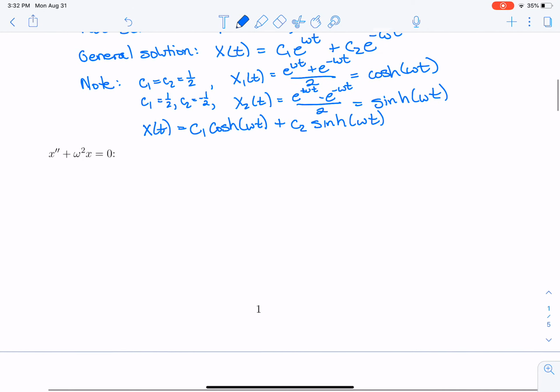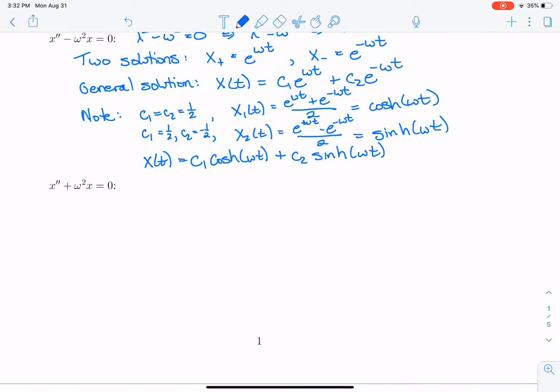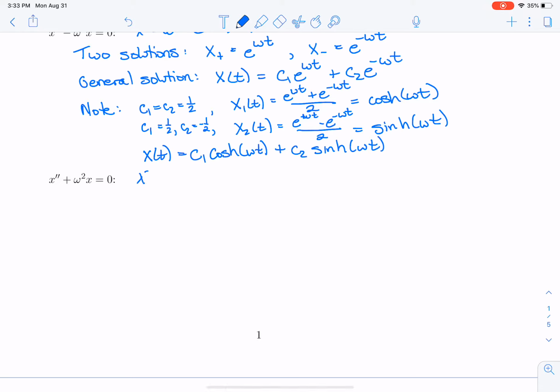Let's look at case two. That's where x double prime plus omega squared x is equal to 0. So here we have that lambda squared plus omega squared is equal to 0. That's saying that lambda squared is equal to minus omega squared. And then if we take square roots, we're going to need imaginary numbers. In this case, lambda would have to be plus or minus i times omega.